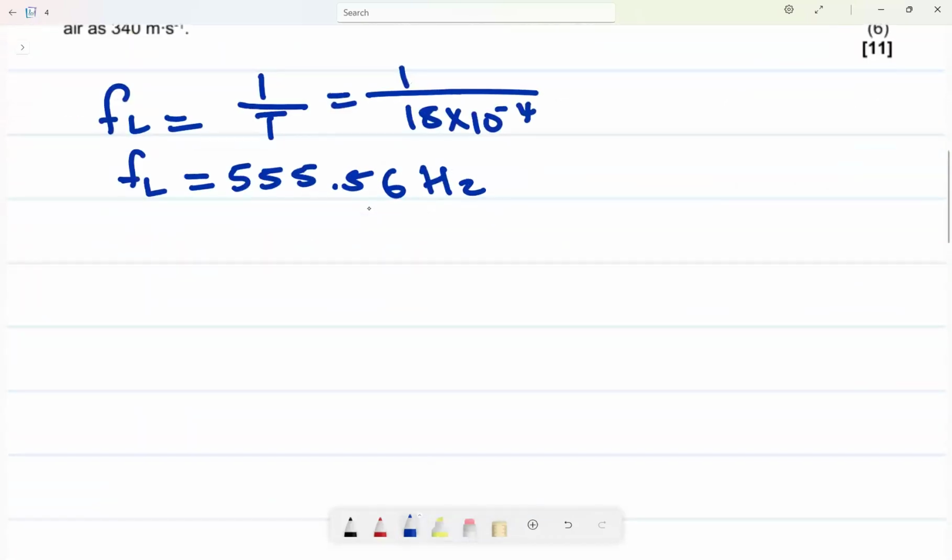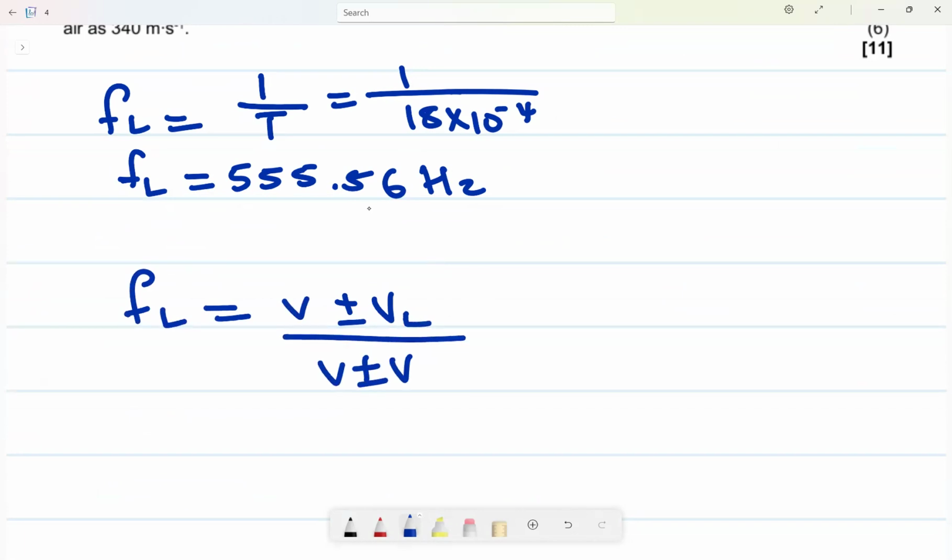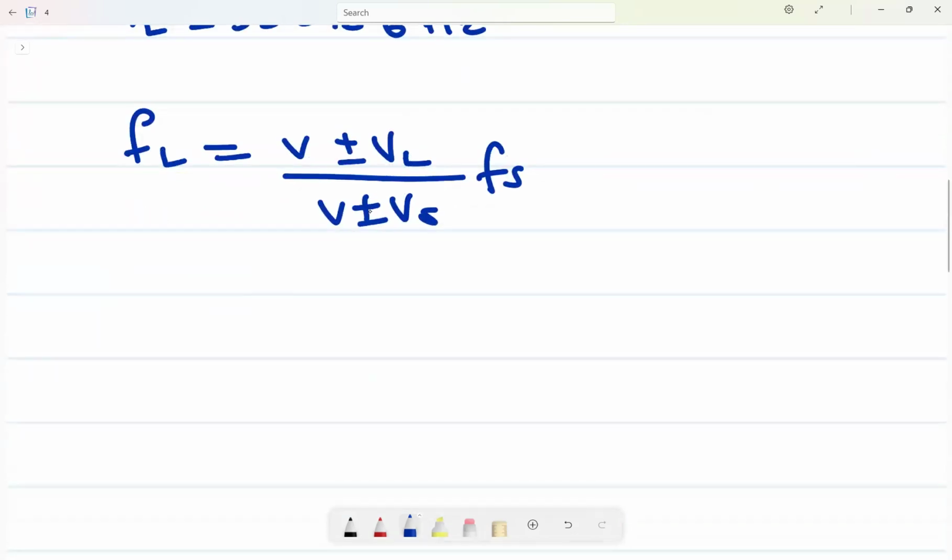Very, very good. Therefore, I can come to my formula and say frequency of the listener is equal to (V plus or minus velocity of the listener) over (V plus or minus velocity of the sound source), times Fs. Now, is it moving towards or away? It is moving away. So frequency of the listener, it is 555.56.